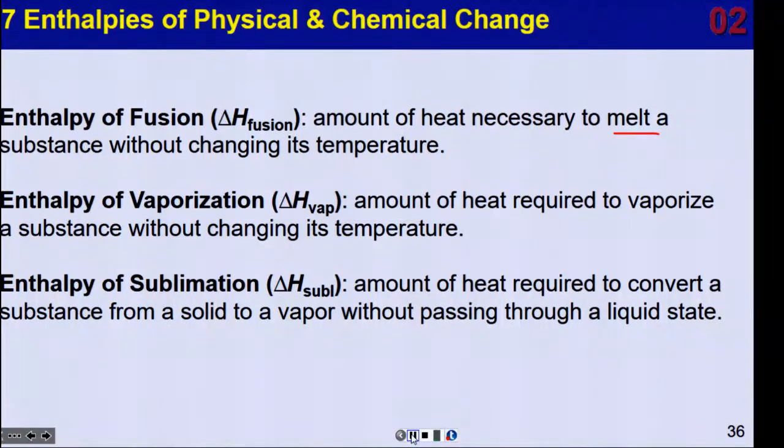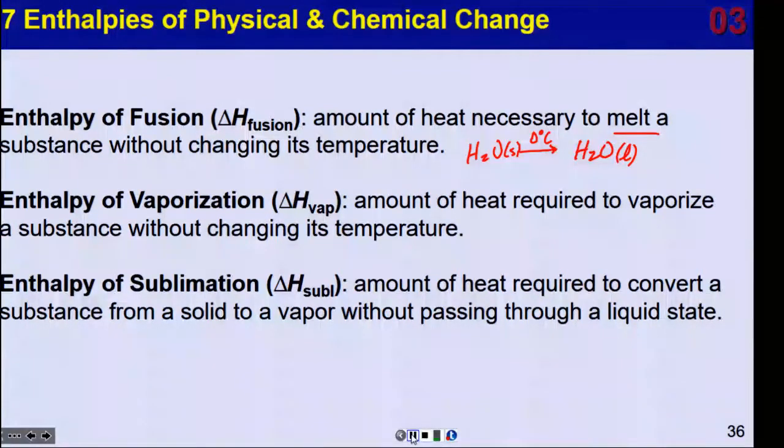In other words, melting ice, for example, takes place at 0 Celsius, where its melting point is, but it takes a certain amount of heat to get all of the solid water converted to liquid water at that specific melting point temperature. And at 0 Celsius, that would be the heat of fusion that is required.